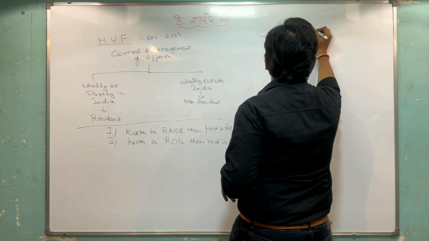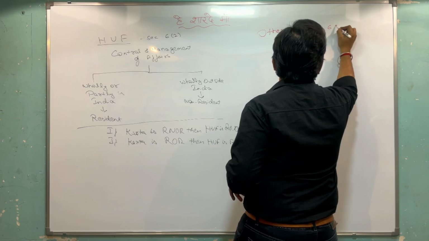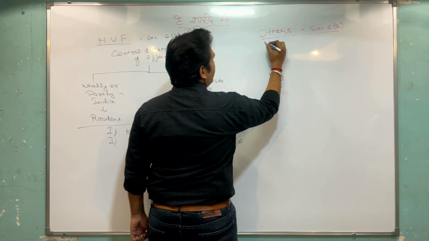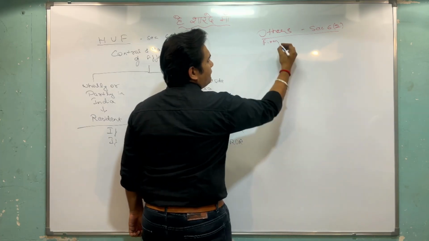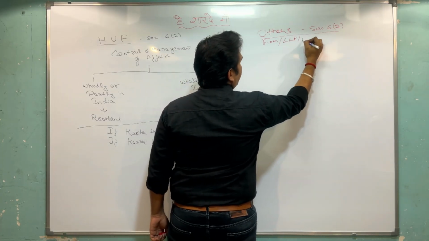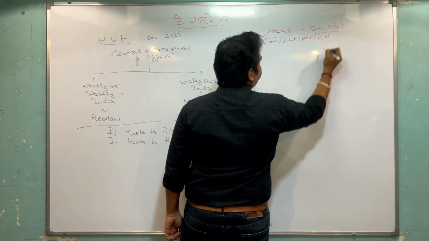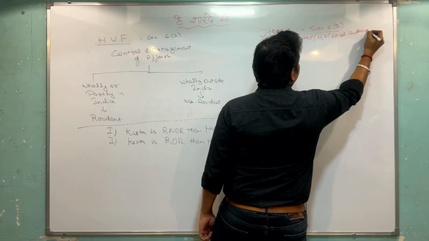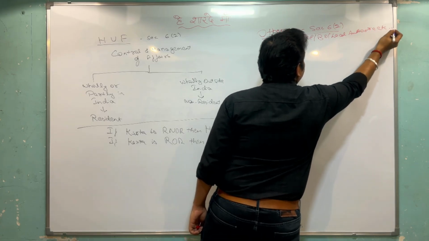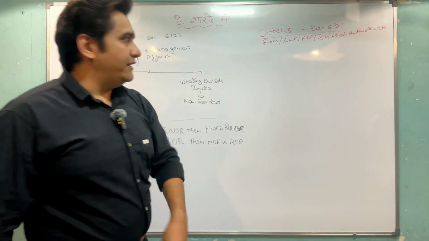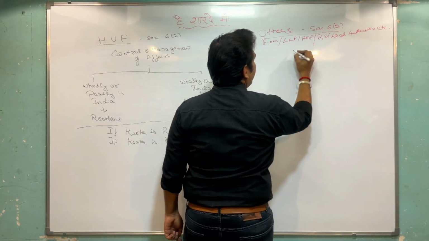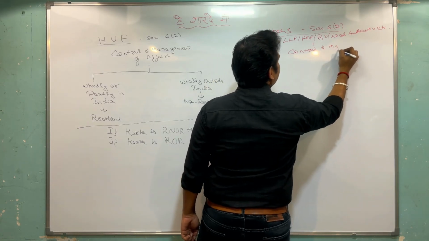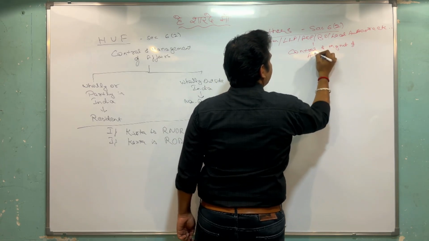Others covers everything, like AOP, partnership firm, LLP, BOI, local authority, etc. Same thing here as well: we have to look at the control and management of affairs.